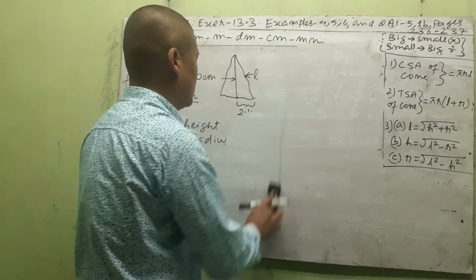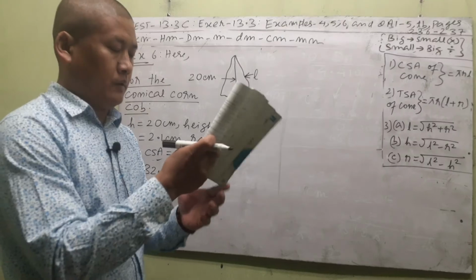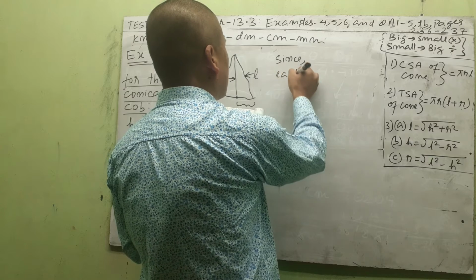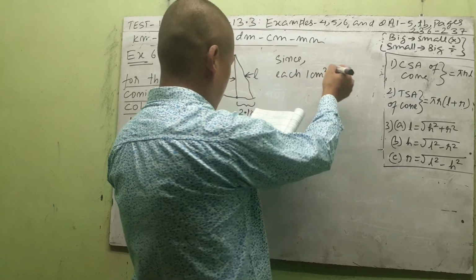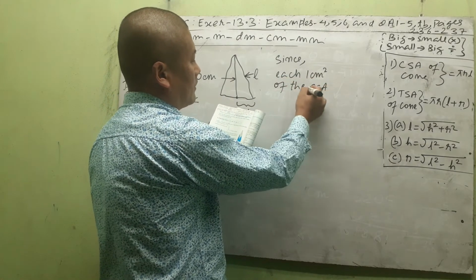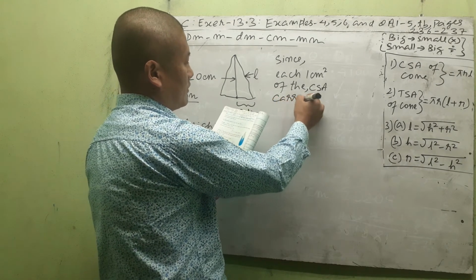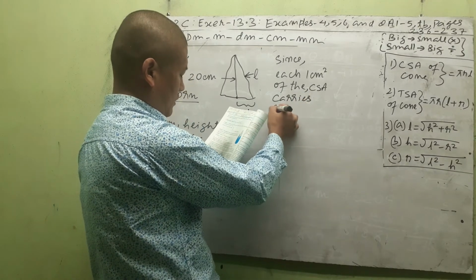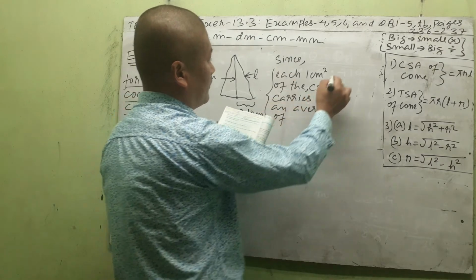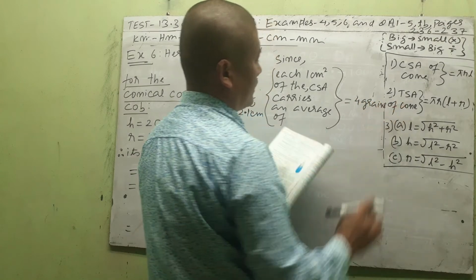One thing is given in the question. According to the question, each 1 centimeter square of the curved surface area of the corn cob carries an average of 4 grains.